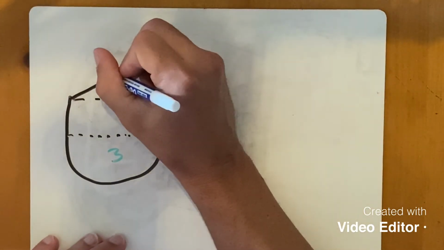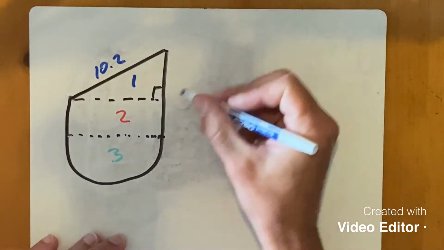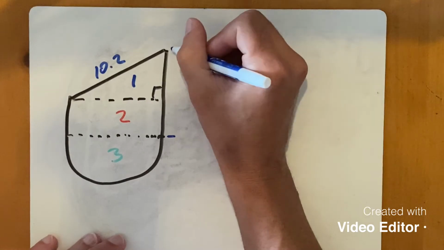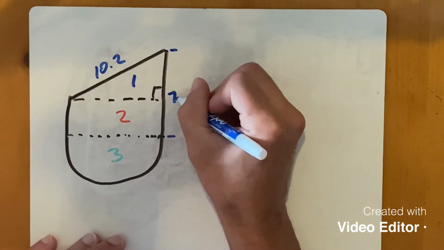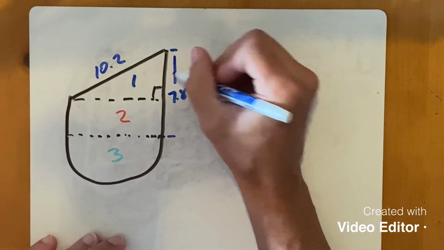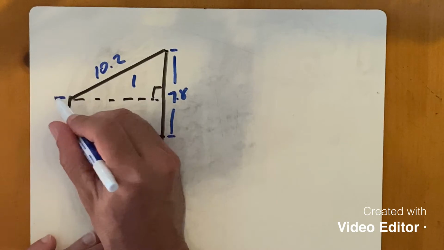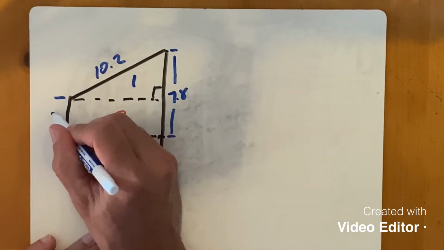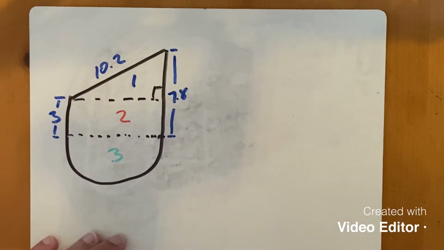This portion here is equal to 10.2. From here to here is 7.8. And then this section from here to here has a length of 3.